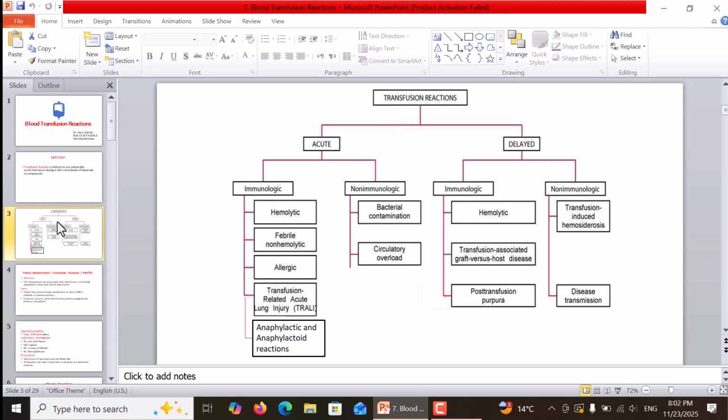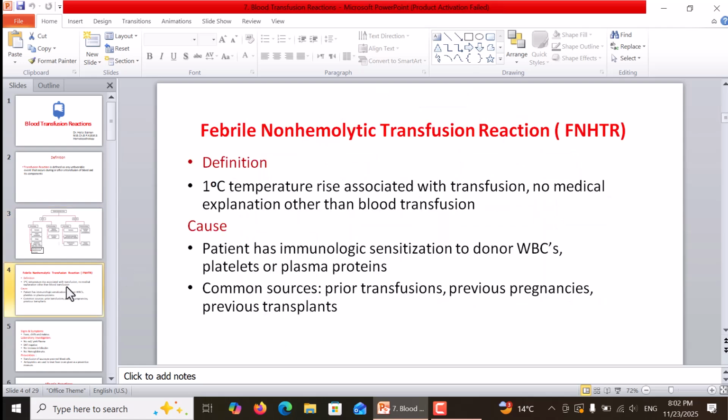We are going to give subdivisions of delayed transfusion reactions, which include immunological, such as hemolytic, transfusion-associated graft versus host disease, and post-transfusion purpura, while non-immunological forms include transfusion-induced hemosiderosis and disease transmission.